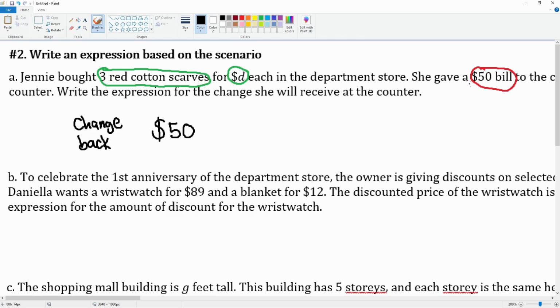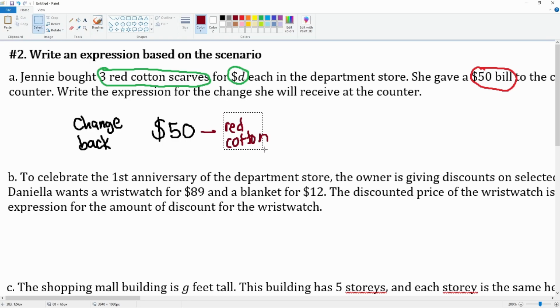Then we want to either add or subtract the red scarf. Well, if we add the red scarf, it would be that her change back is more. That wouldn't make sense. It wouldn't be adding, it would be minusing, because her change back is going to be a smaller value based on the red cotton.